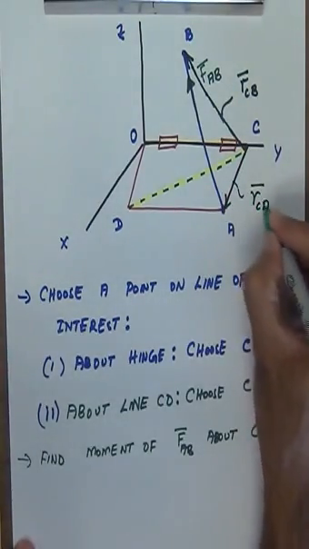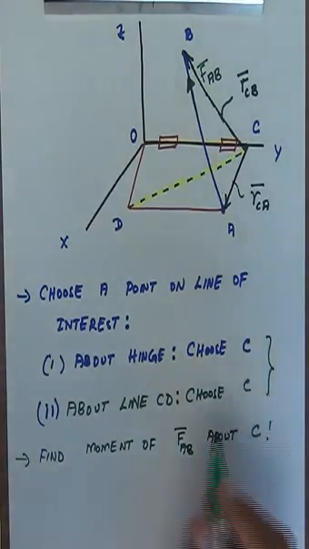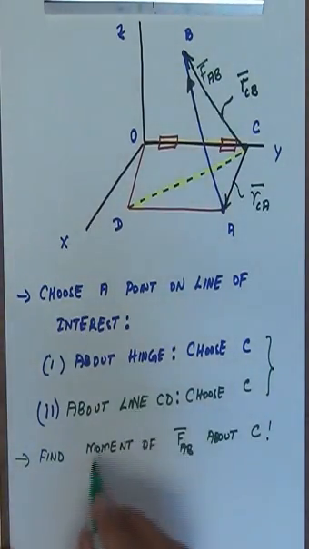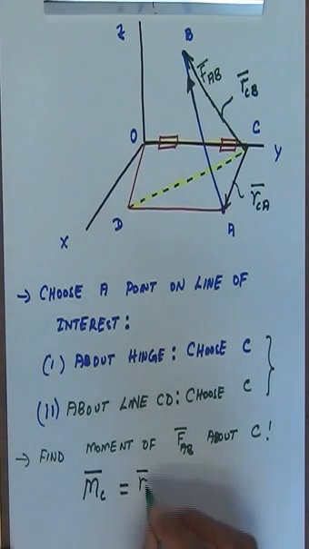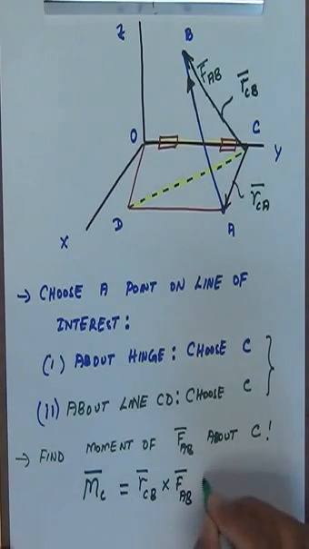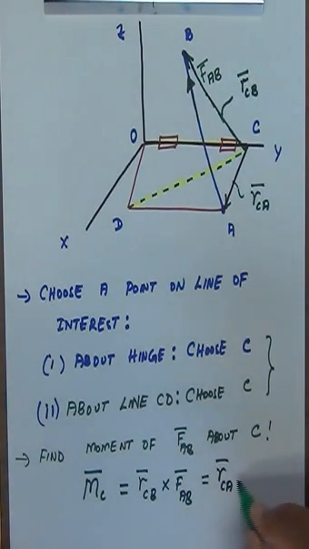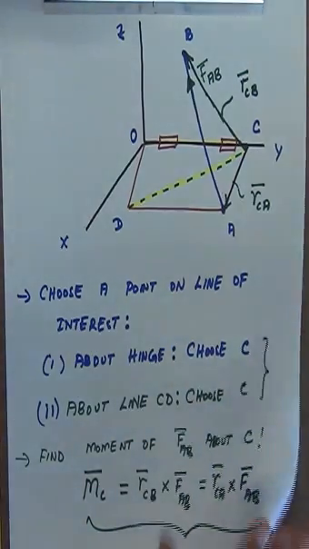You could also do RCA, but it's always from the point of interest to any point in the line of action of the force, which means that moment about the point C is RCB cross the force, and equivalently this is also RCA cross the force FAB, whichever is easier for us to compute. And I'm going to compute RCB because I like the point C and the point B.